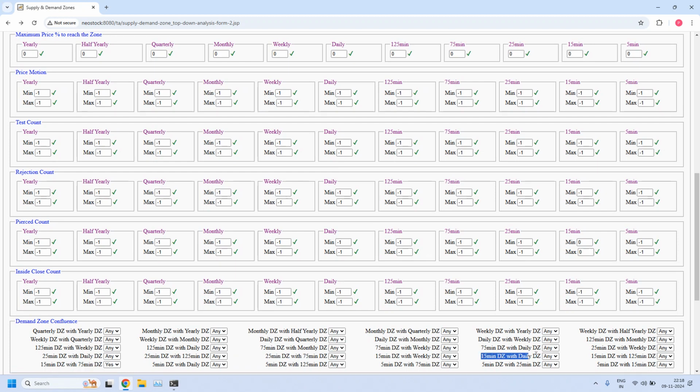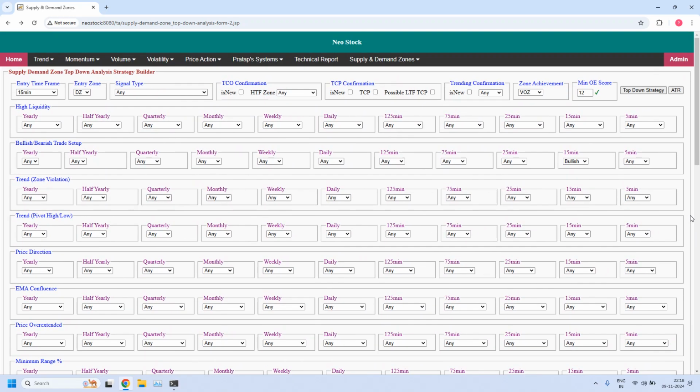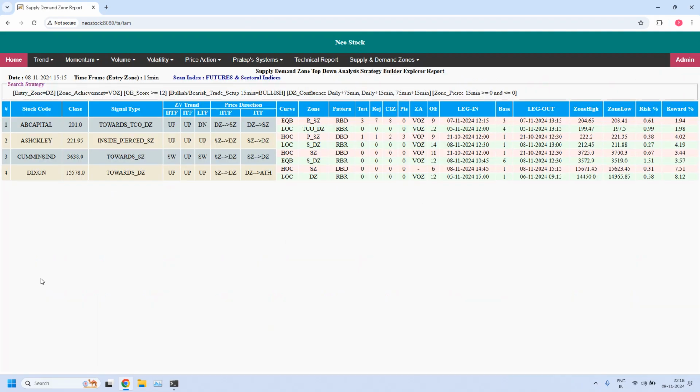Next, 15 minutes demand zone with daily demand zone confluence. Next, 75 minutes demand zone with daily demand zone confluence. With all the 3 LTF, ITF, HTF demand zone confluence, we got 4 stocks. In these 4 stocks, all these 15 minutes demand zones are part of the 75 minutes demand zone, both together again part of the daily demand zone.